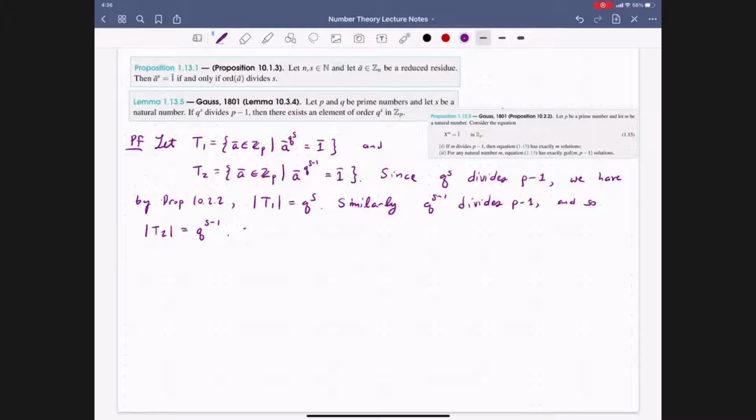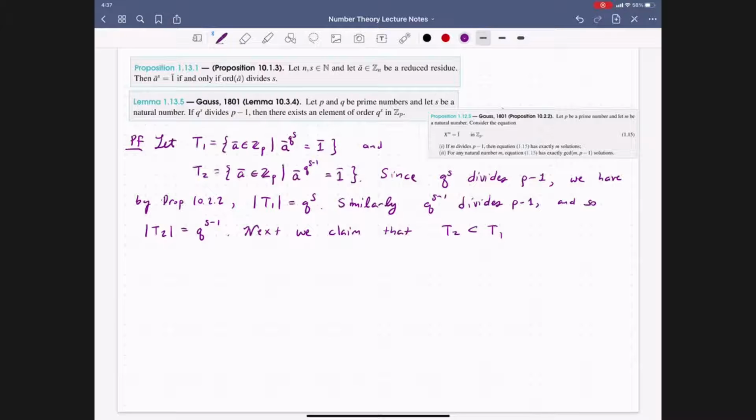So next, we claim that T2 is a subset of T1. I said properly, but for this proof, we just need that this is a subset. So let's go ahead and show that T2 is a subset of T1. We're going to do this in the standard fashion.